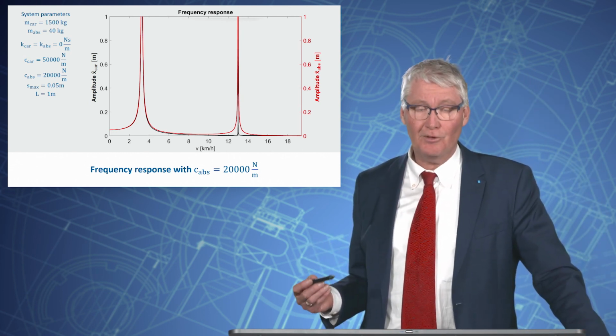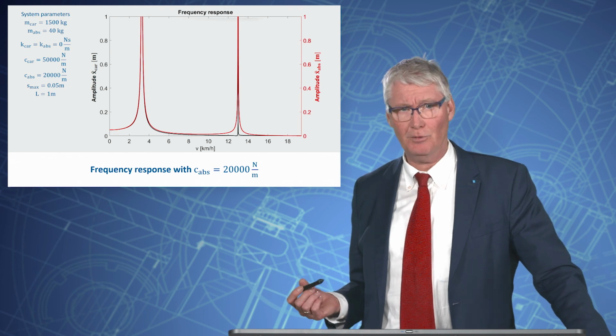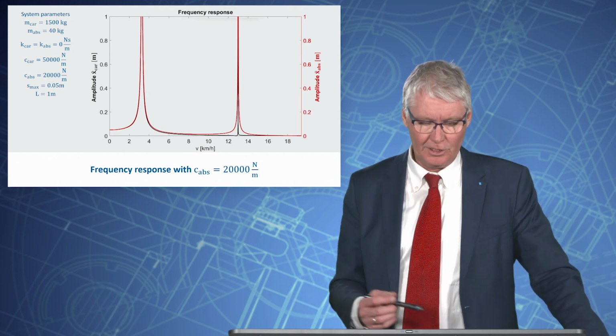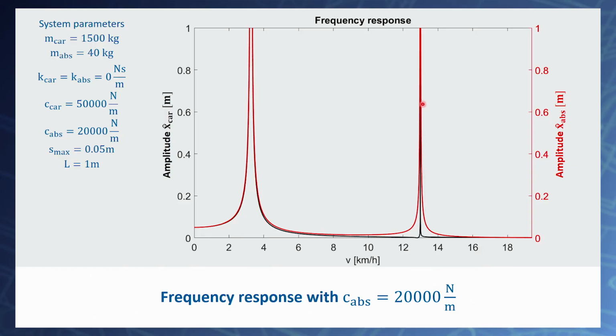Then the resonance frequencies, the eigenfrequencies, change, so this is now much higher. And then you can see that there is a certain area, quite a large area compared to what we have seen before, where there is very low amplitude for the motion of the car body. So that's the possibility of how we can use the absorber over a broader range than was shown previously.